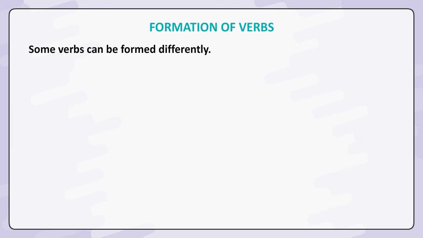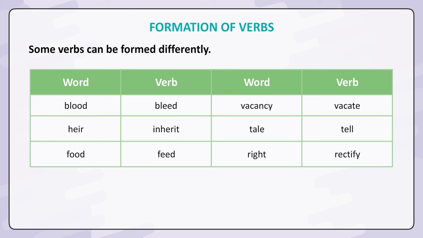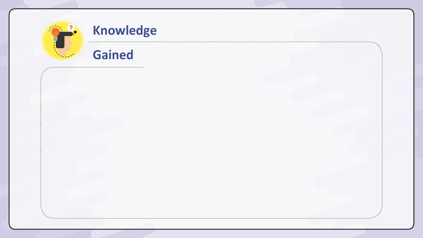Some verbs can be formed differently: blood, bleed; vacancy, vacate; air, inherit; tale, tell; food, feed; right, rectify.